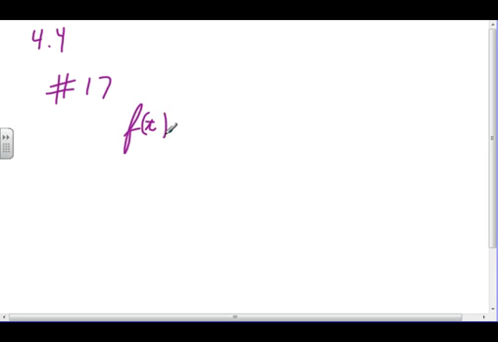F of t is t e to the 2t cosine 3t. All right, and again, we have to do Theorem 2 or 3 on this guy. So it looks like we're stuck with Theorem 3 again.